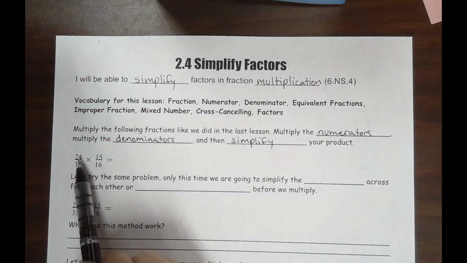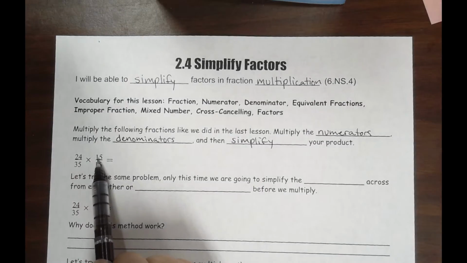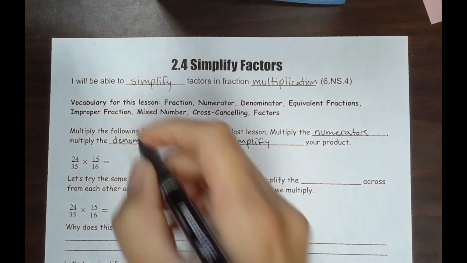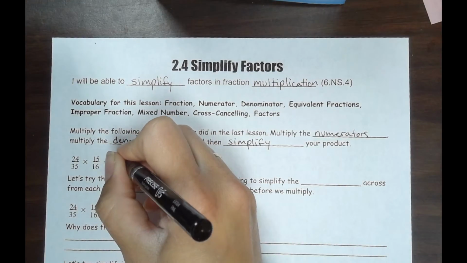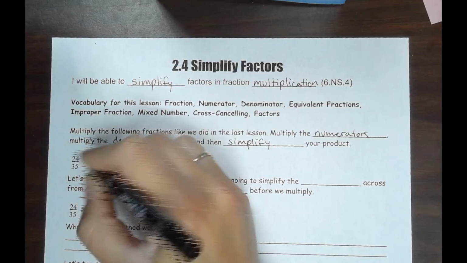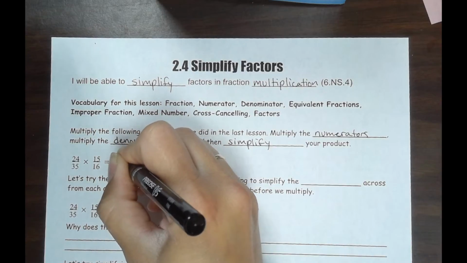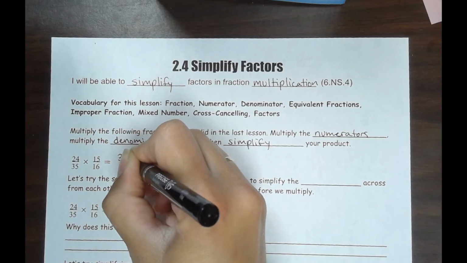All right, so we have 24 times 15. So I'm going to do 24 times 15 to save us time on the video. I'm just going to do this by calculator, but usually you would have to do this by hand. So 24 times 15 gives me 360.